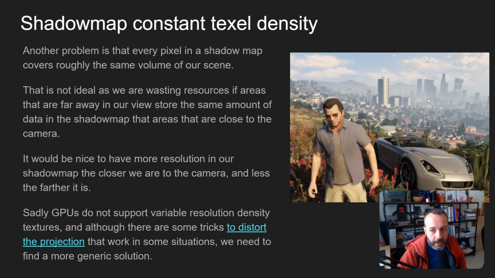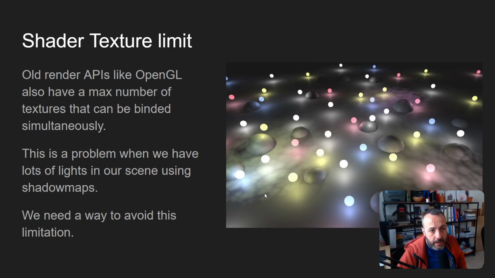I don't care if there's a shadow map difference between, I don't know, 1 millimeter here and the next one, but I care that 1 millimeter away here it has a better shadow map. So it would be nice to have a solution that scales: the farther it is from the camera, the less resolution the shadow map has to have. The problem is that this is not directly solvable. You cannot have a projection matrix that adjusts the farther it is, because there are some limitations on GPUs. So we have to find a workaround to this problem.